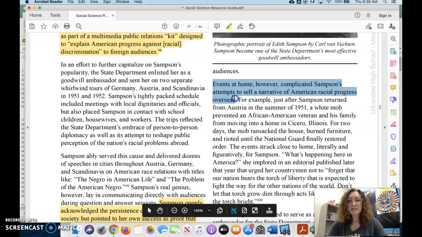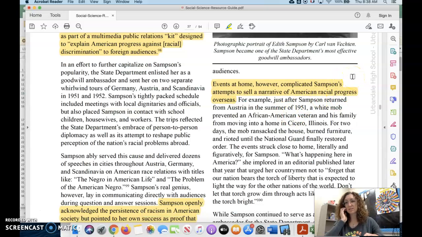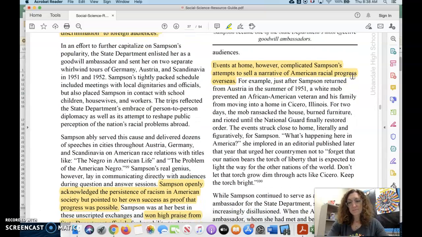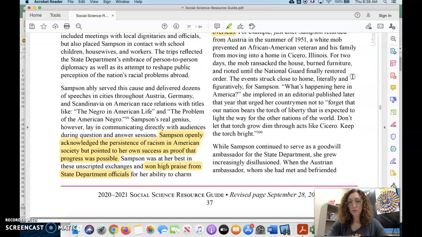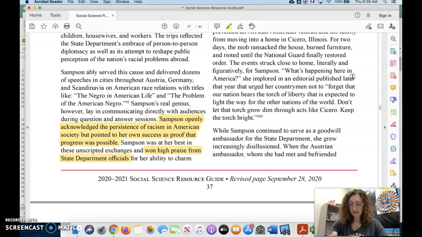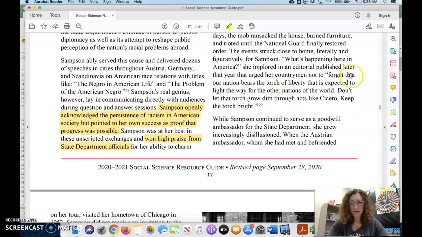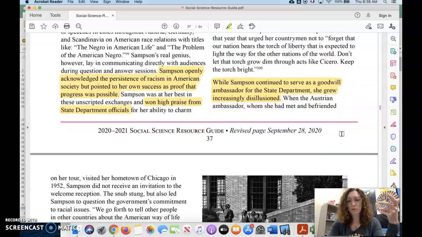Events at home continued to complicate Sampson's attempts to sell this narrative of Americans' racial progress. The facts on the ground were still not supporting African Americans being successful in the United States, especially in the South. Sampson stays on as an ambassador for the State Department, but increasingly over time, she's more and more frustrated.